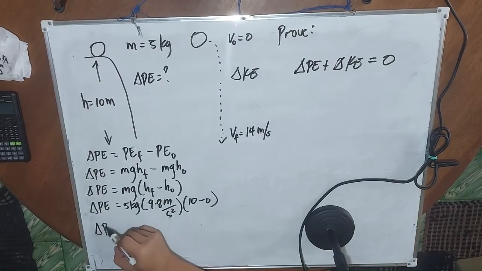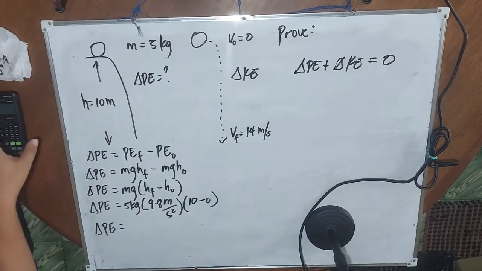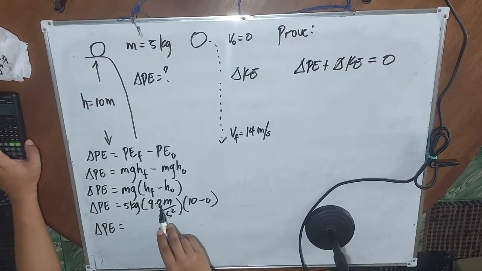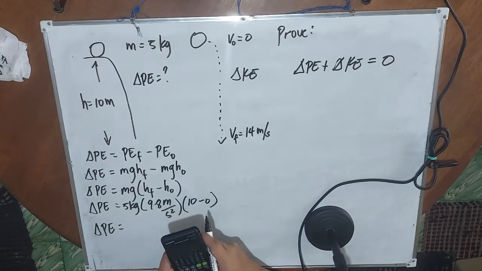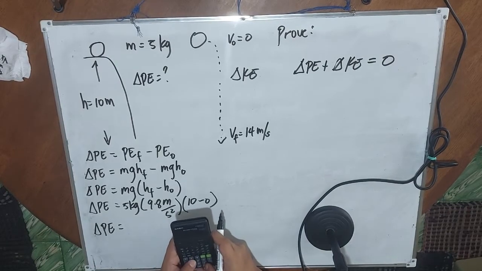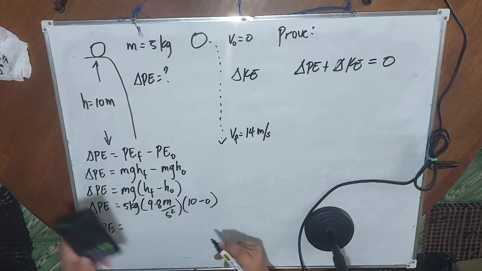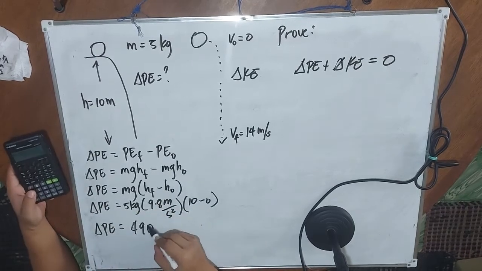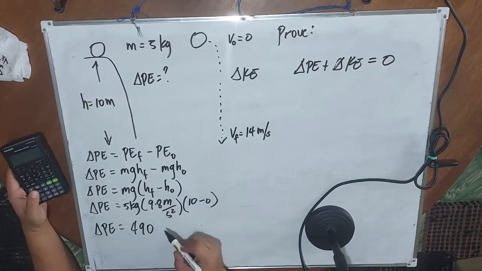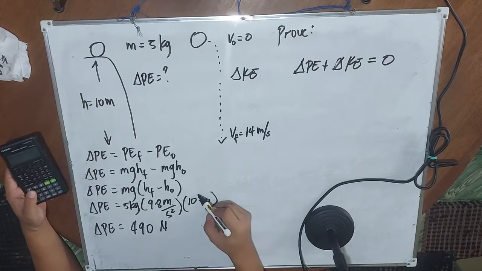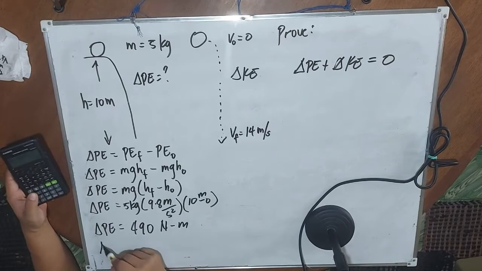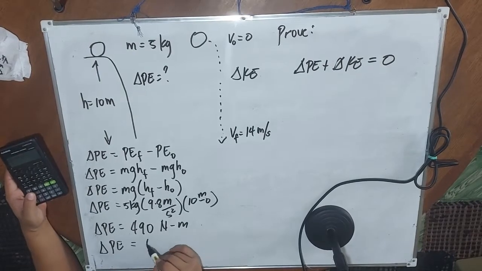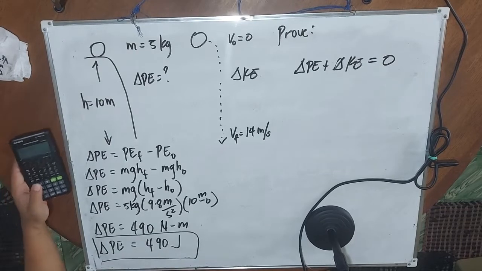So change of potential energy would be 5 times 9.8 times 10, which would be 490. Kilogram meter per second squared is Newton, times, meron kang meter dito, so you would have Newton meter, or the change of potential energy would be equal to 490 joules.